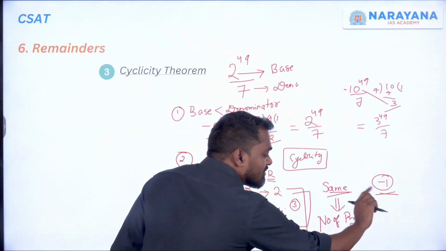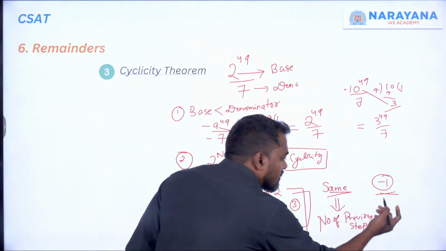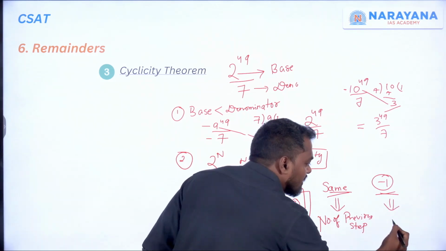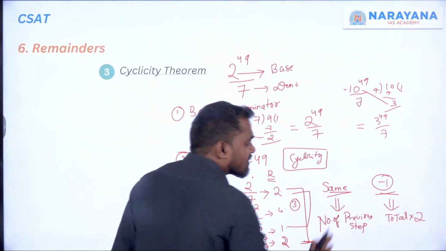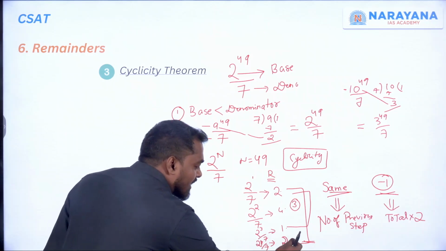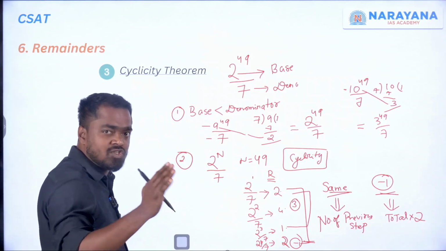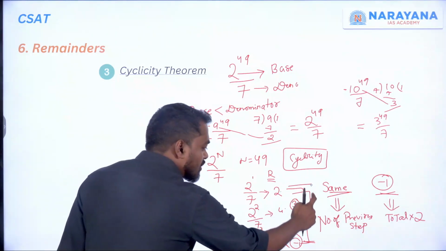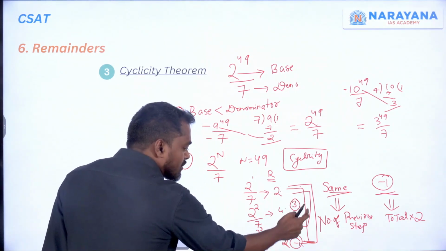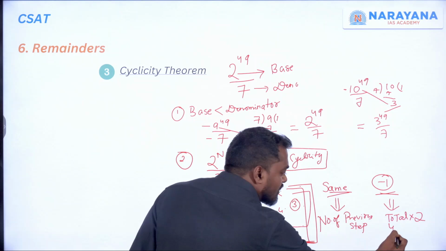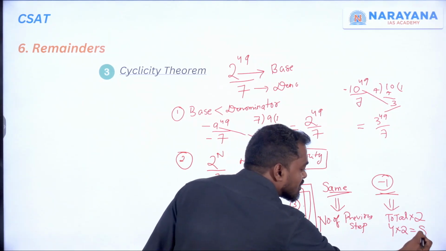If you get the negative remainder minus 1, the cyclicity is the total number of steps into 2. For example, if you are getting minus 1 here, stop the process. What is the total number of steps? You have to include this step also. 1, 2, 3, 4. 4 into 2, 8 is your cyclicity.